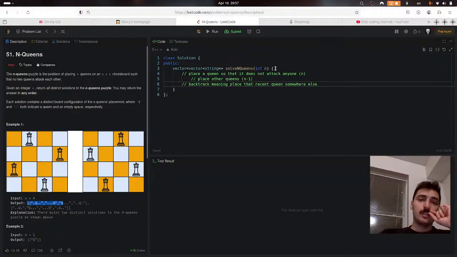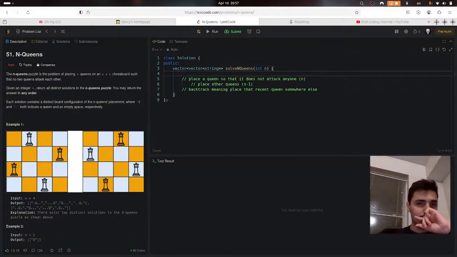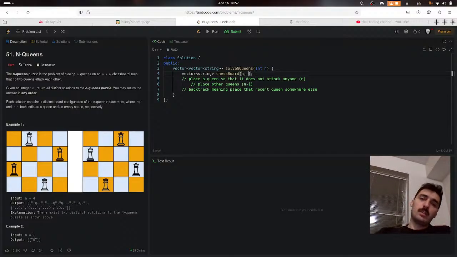All right, at first we generate a vector of strings, the chessboard, and the size has to be n, with each line a string of n dots.